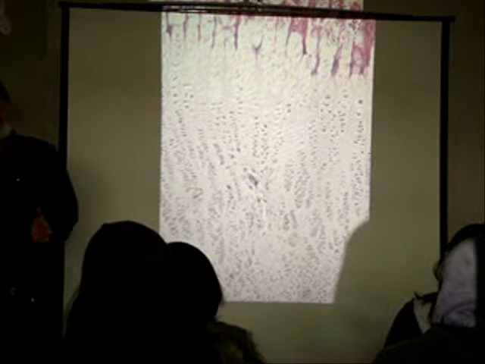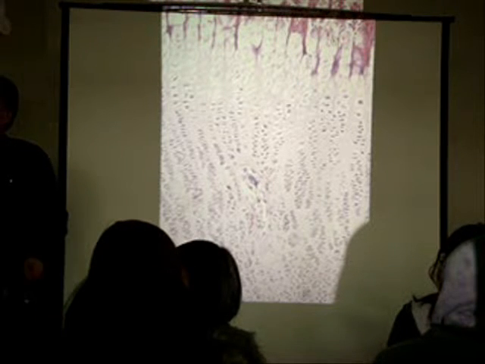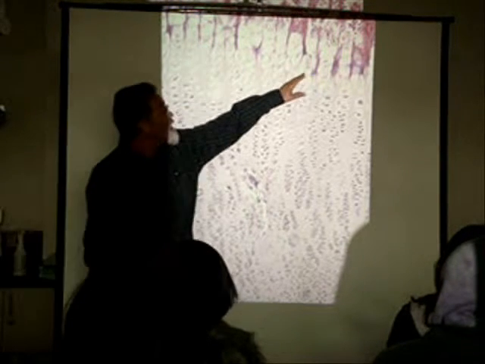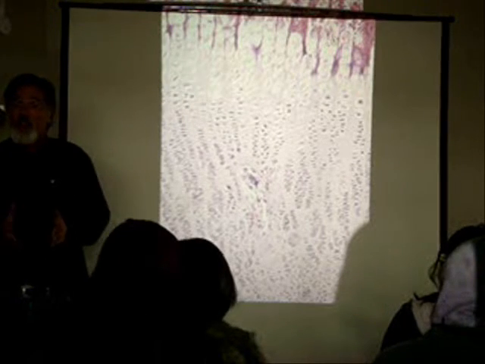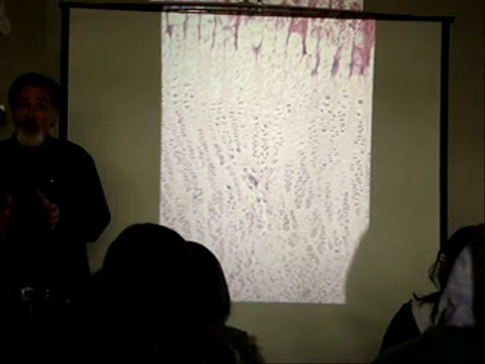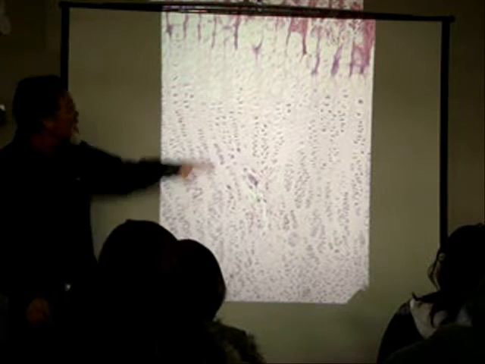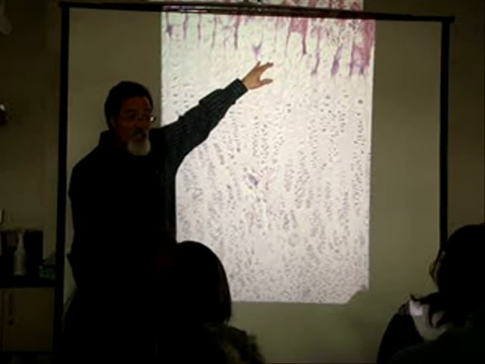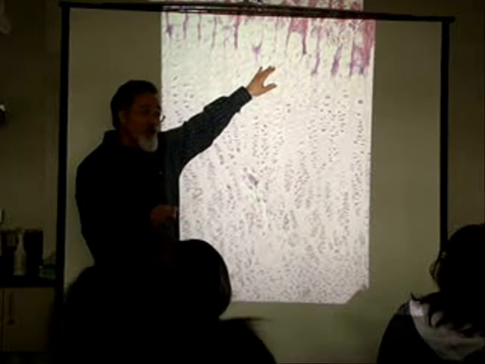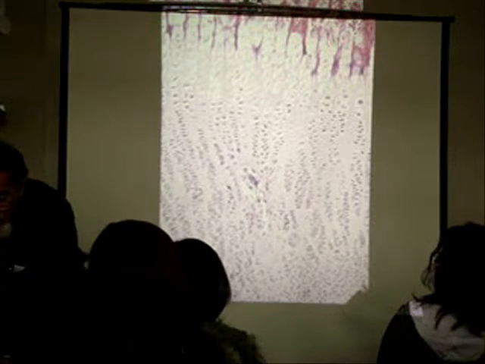Then the cells that got into the shaft early on with the osteogenic bud, the osteoblasts, come up and lay down osteoid and bone on top of the calcified cartilage. Osteoclasts follow and chew everything up, so ultimately bone is laid down on what was a remodeled calcified cartilage foundation.